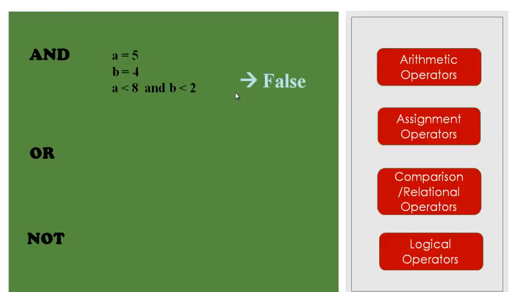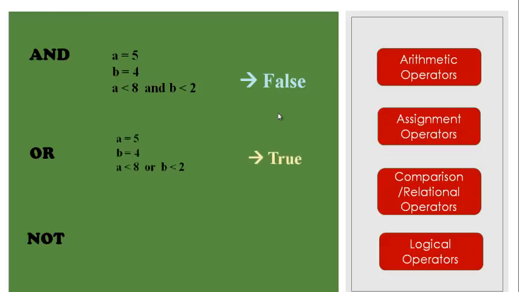For example, A equals 5 and B equals 4. To combine these two conditions, I say A less than 8, which is true, and B less than 2, which is not true. So I'll get false here, because with the AND logical operator, both conditions must be true.